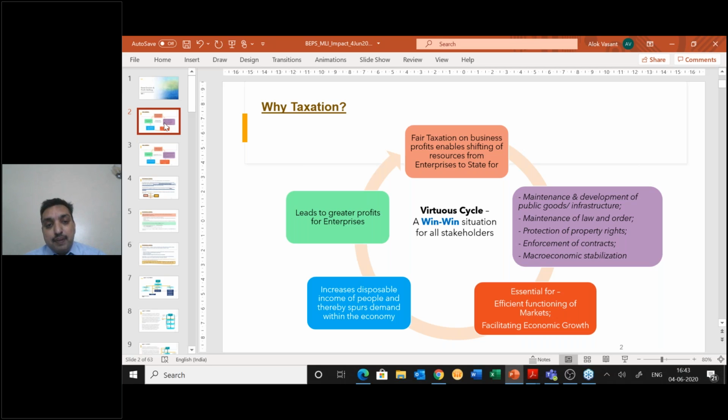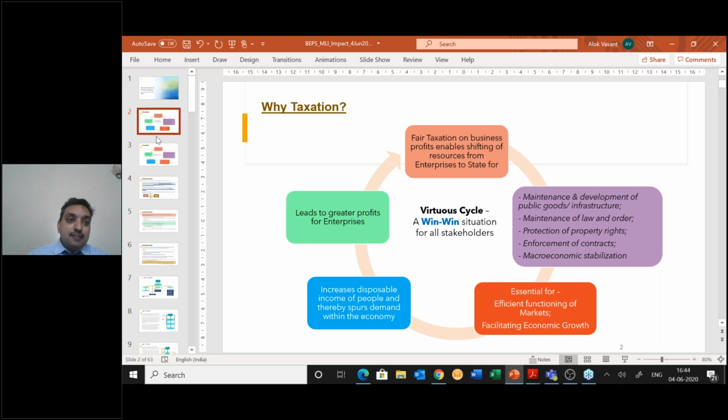Now, when this happens, this increases disposable income of people and thereby spurs demand within the economy. And this leads to even greater profits for the enterprise, because if there is more demand, there is more revenue for the enterprise, and therefore more profits for the enterprise. So you can see this is a virtuous cycle wherein there is a win-win situation for all stakeholders.